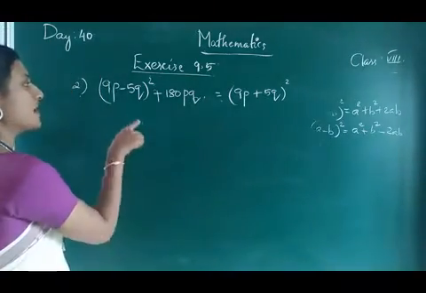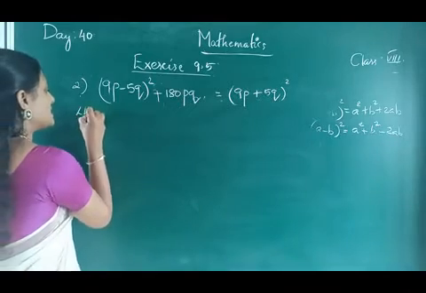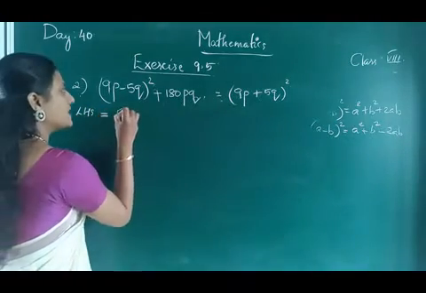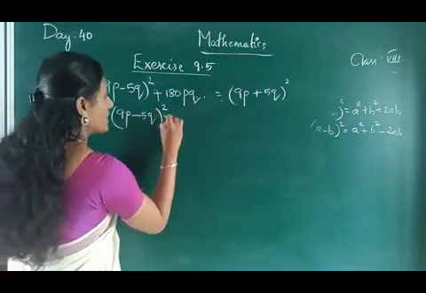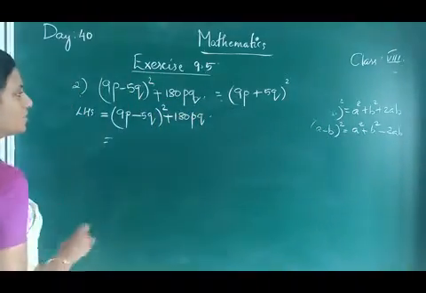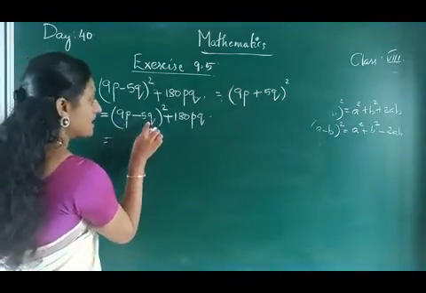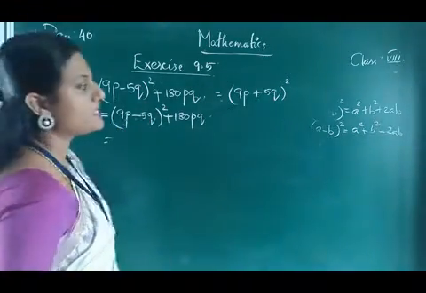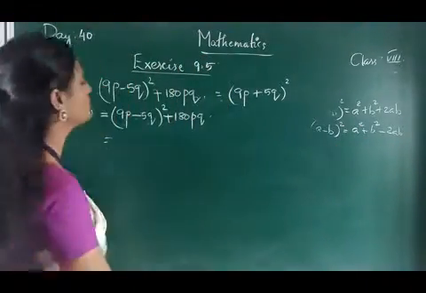So here also you have to prove this LHS is equal to RHS. What is LHS? Write the LHS first: (9p minus 5q) the whole square plus 180pq. Which identity can you use here? This is A minus B the whole square, and A minus B the whole square is A square plus B square minus 2AB.